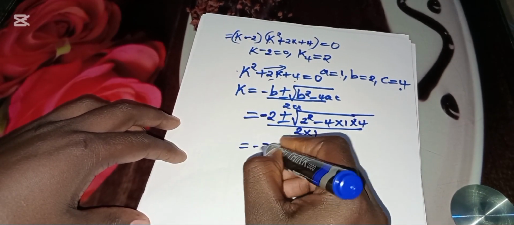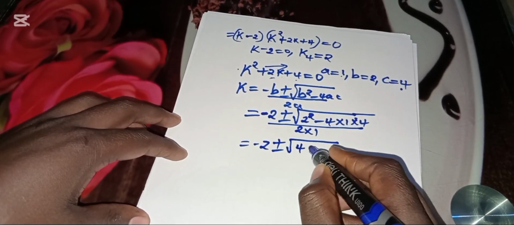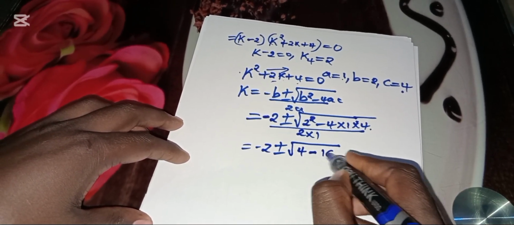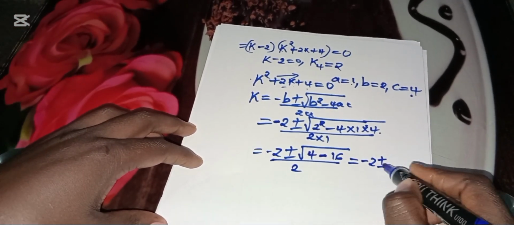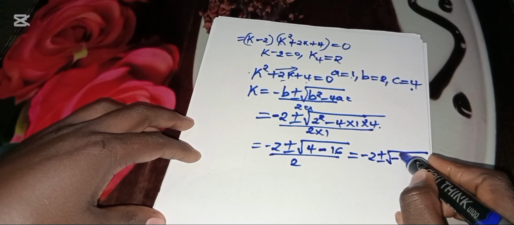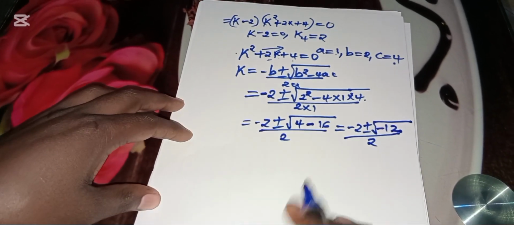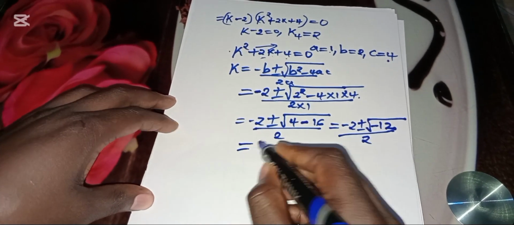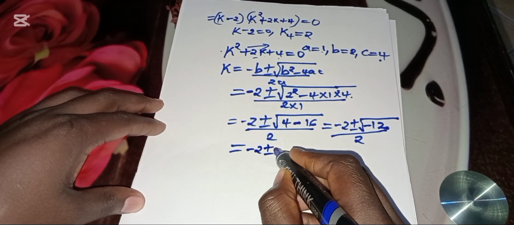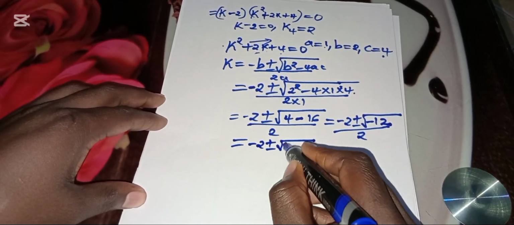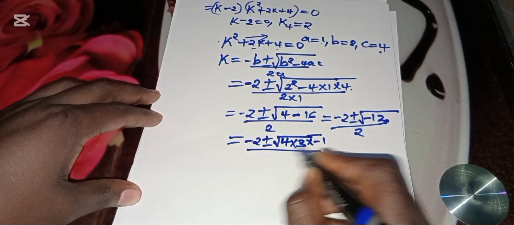This is 2 squared, which is 4, subtract 4 times 4, which is 16, divided by 2, so we have negative 2 plus or minus the square root of negative 12, divided by 2. Now negative 12 can be expressed as 4 multiplied by 3 multiplied by negative 1, divided by 2.